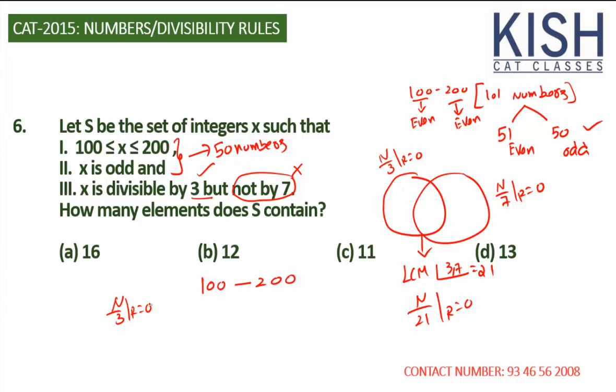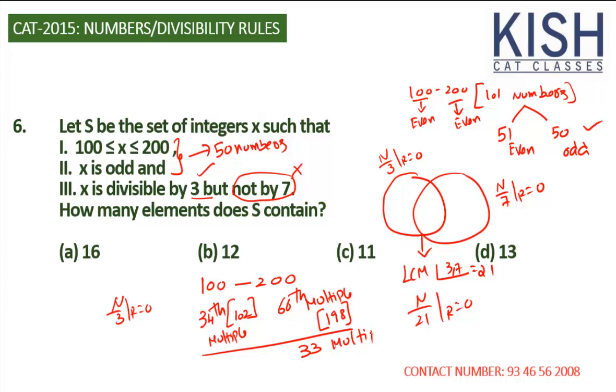Now the 34th multiple is the first 3-digit number, which is 102. The last one is the 66th multiple, which is 198. So from the 34th multiple to the 66th multiple of 3, it means there are 33 multiples of 3 between 100 and 200.